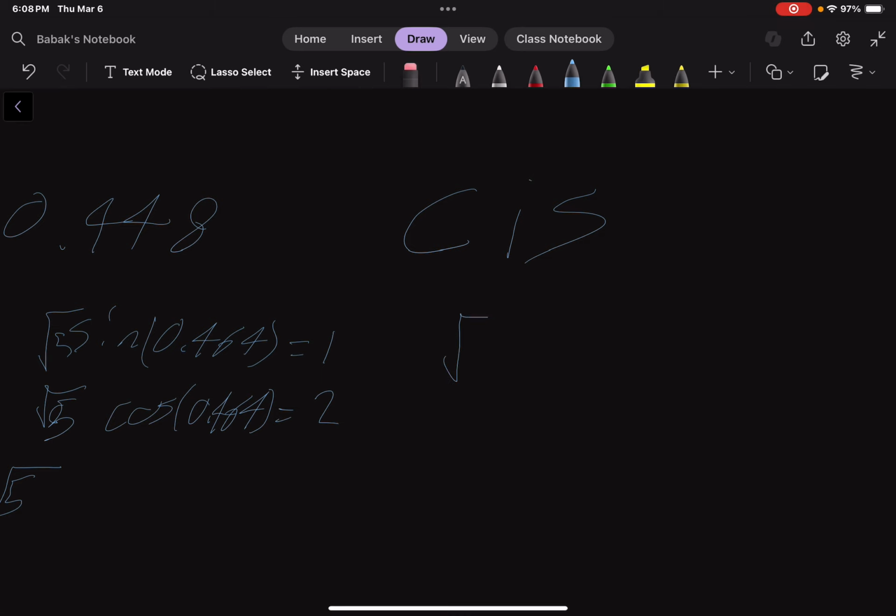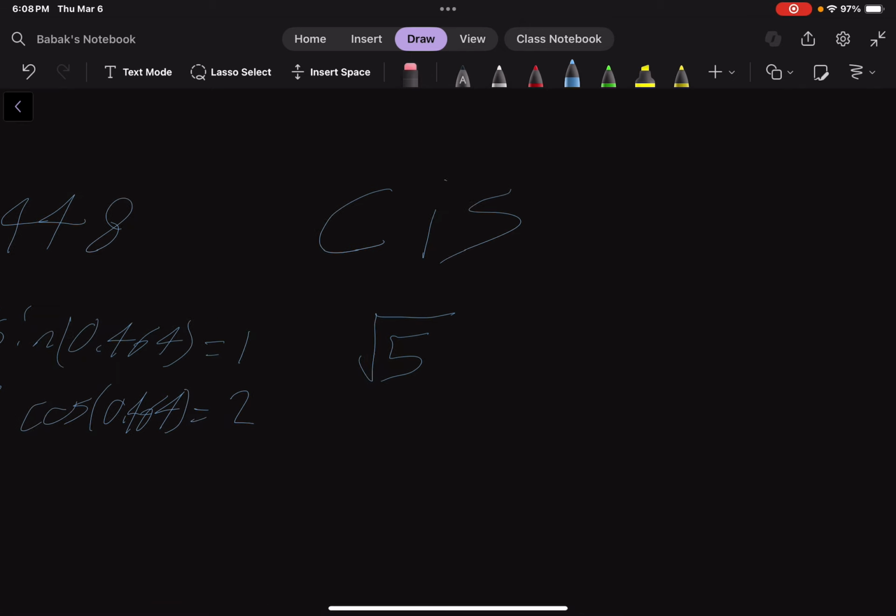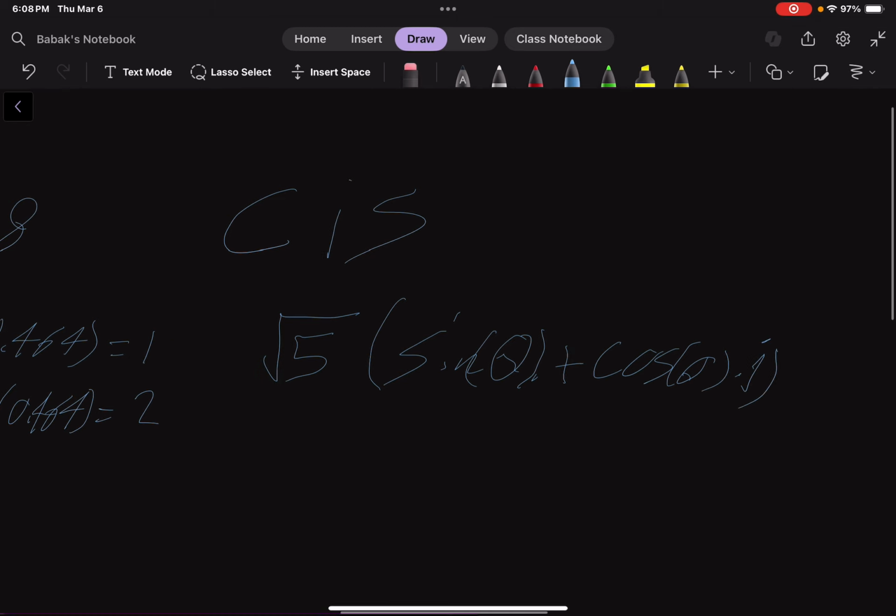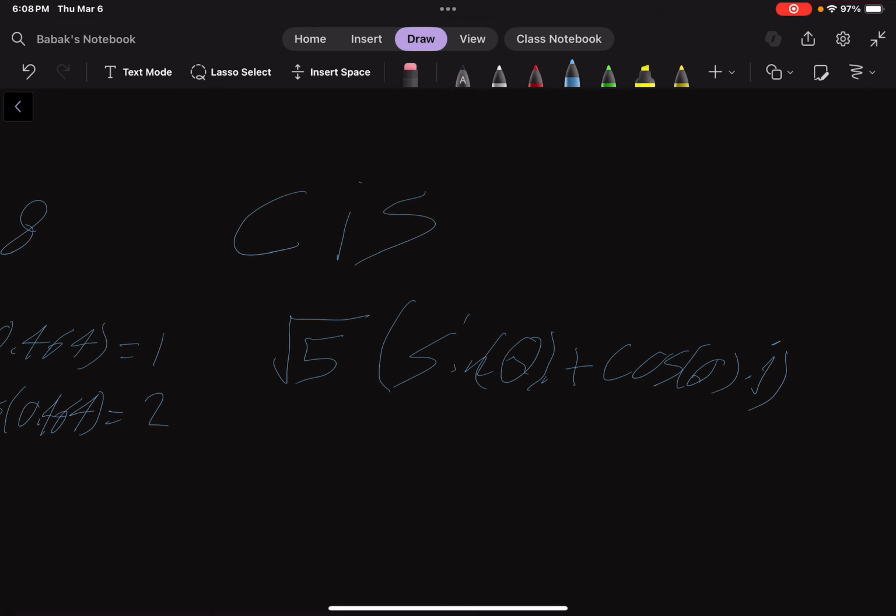Essentially, we take the magnitude of the complex number, that is the magnitude of the vector, and we multiply it by the sine of theta, and we add it to the cosine of theta times i. The reason we do times i is because, I apologize, I had mistakenly said the i goes with the cosine, yet it goes with the sine.